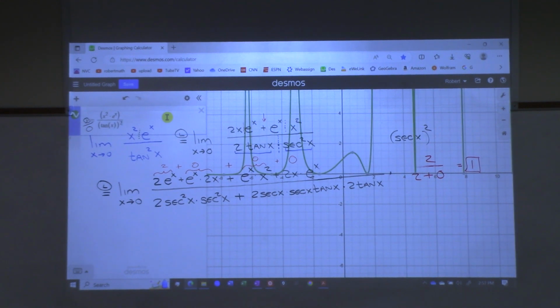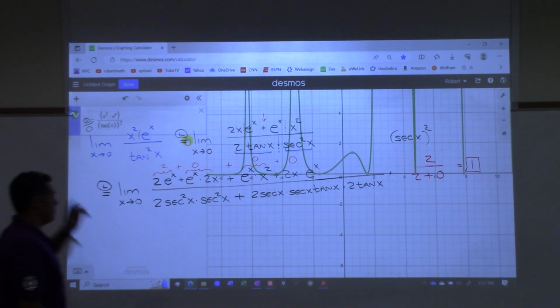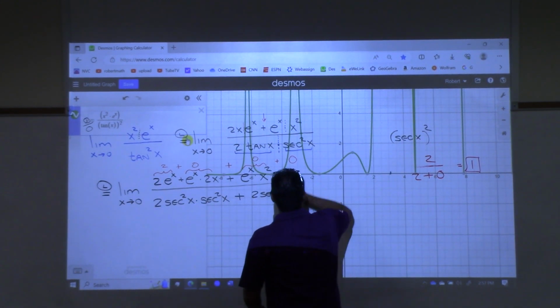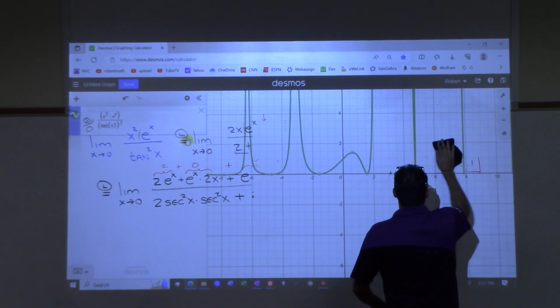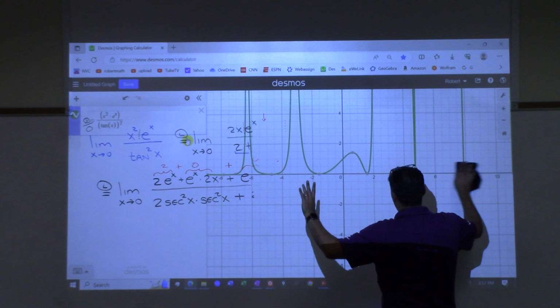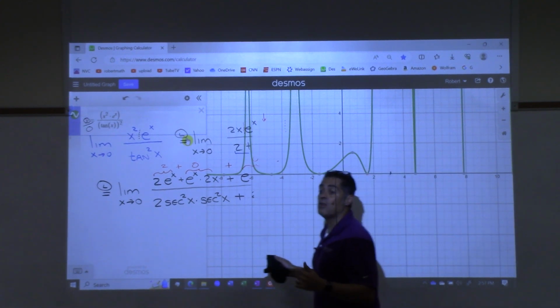If I were to graph that function, and I were to ask you to find the limit. So remember, we're not doing tangent lines right now. We're trying to look at limits.